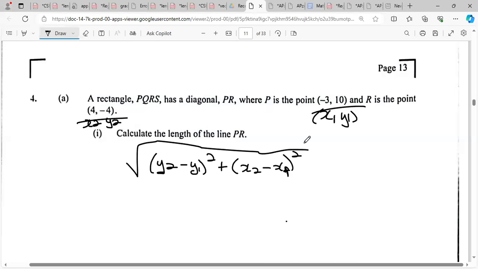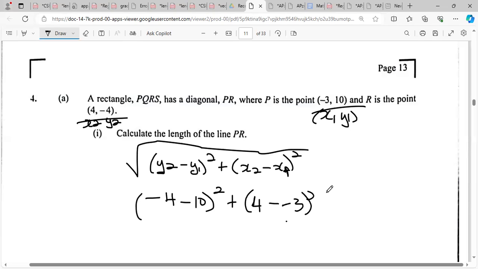So y2 was -4, minus 10, and then we square it, plus x2, which is positive 4, minus -3. So that becomes another negative, and of course we square it.